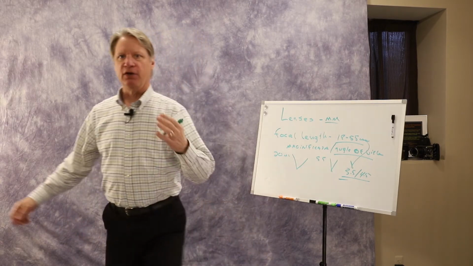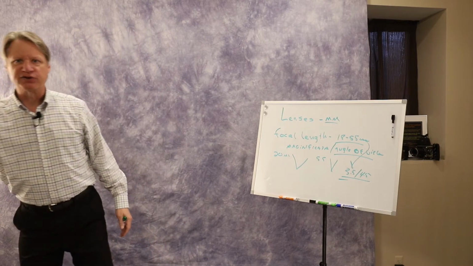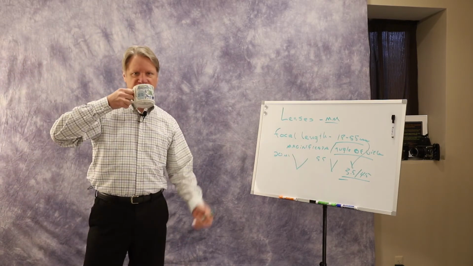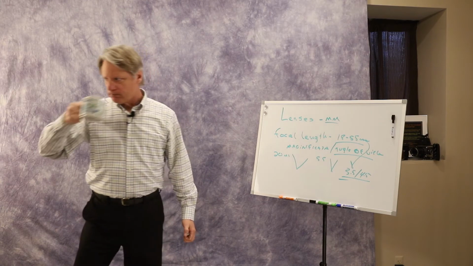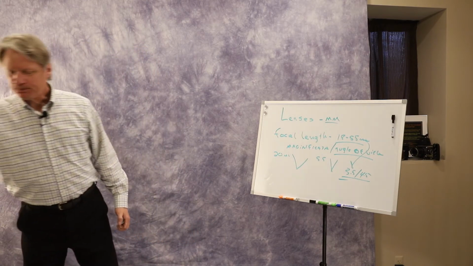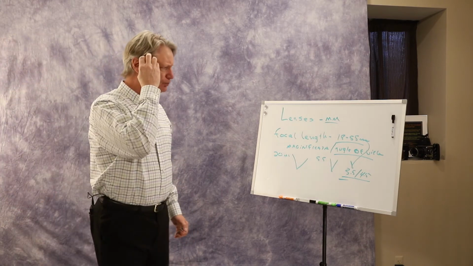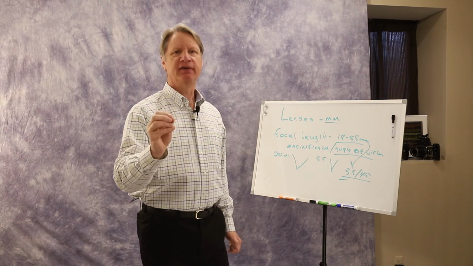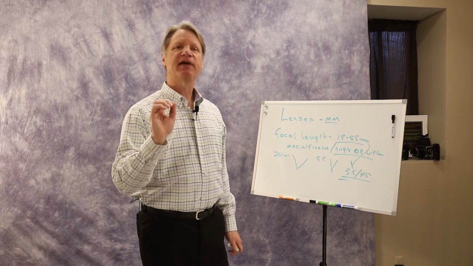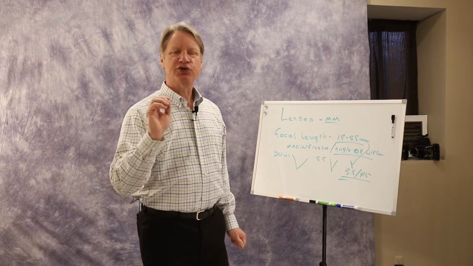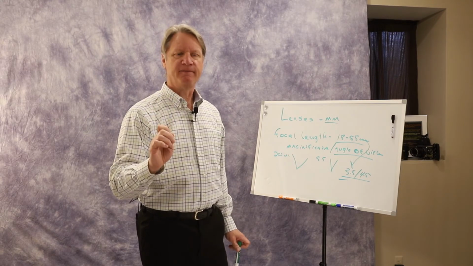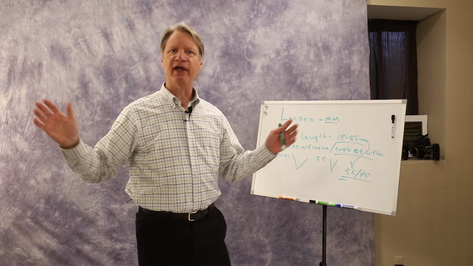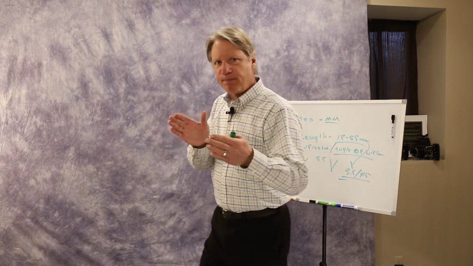Okay, so it does a number of things to our subject. And the main thing is, that changes our perspective. And that's the big deal with lenses. It changes our perspective.